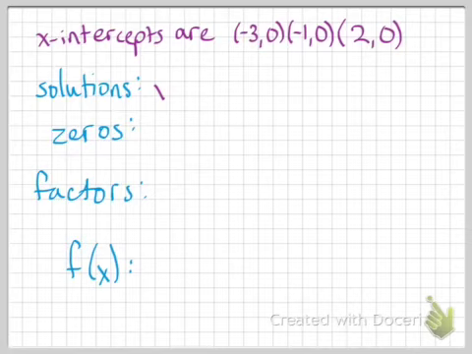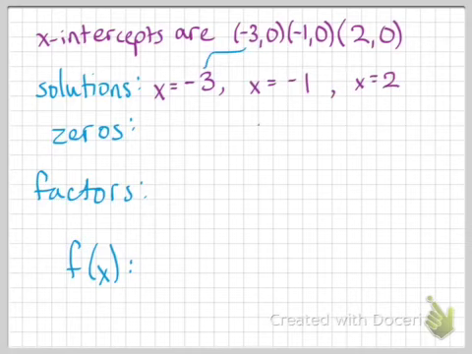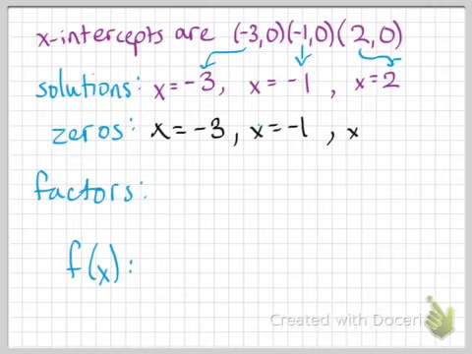Now we know that the solutions are what we see in the x-intercepts. So the solutions to this function are x equals negative 3, x equals negative 1, and x equals 2. Zeros, being the same thing, are also going to be negative 3, negative 1, and 2.